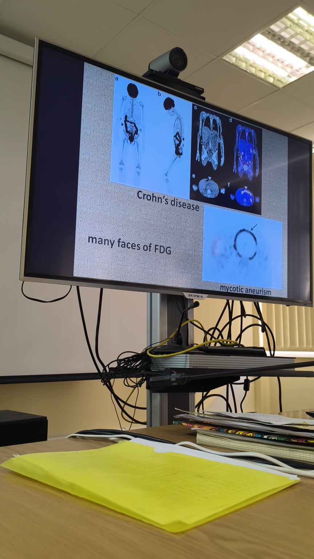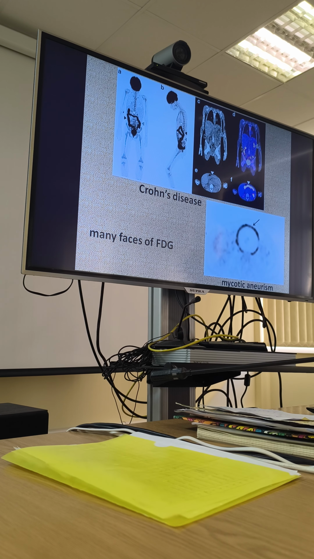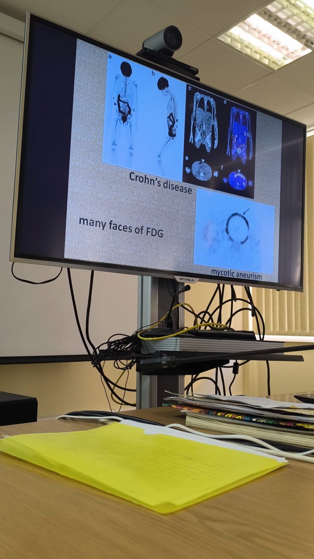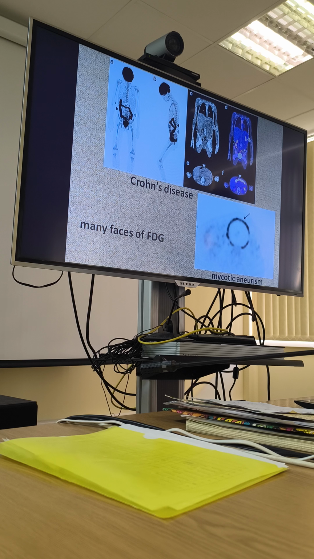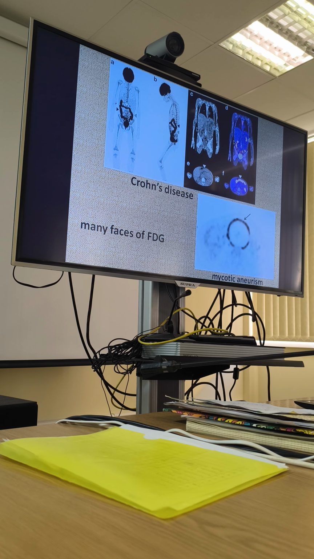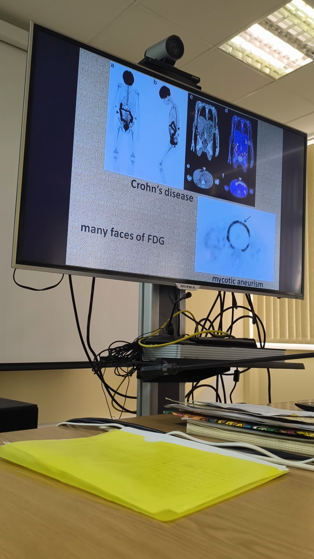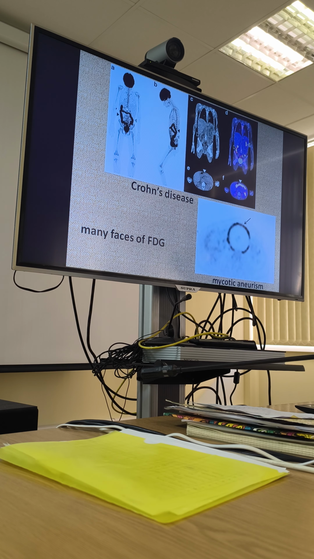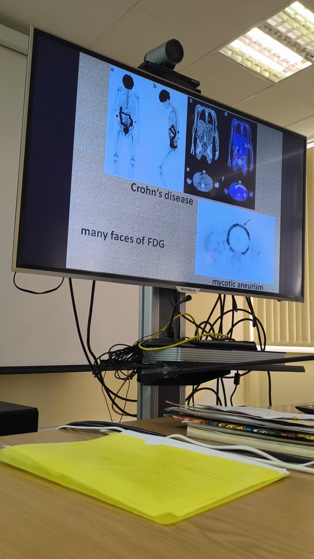We are using them a lot right now, and they can be a source of really severe, really bad infection, sometimes mycotic infections. I don't know how to pronounce it. So in this situation, this area could be the area of big sugar eating, so high metabolism, and we can figure it out.